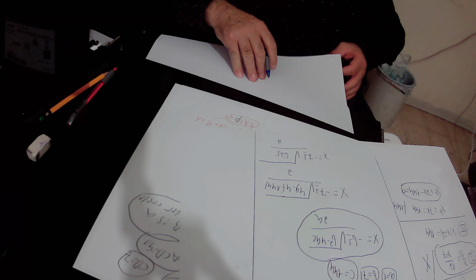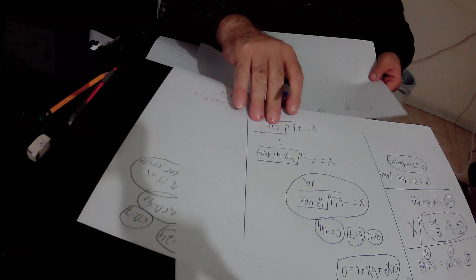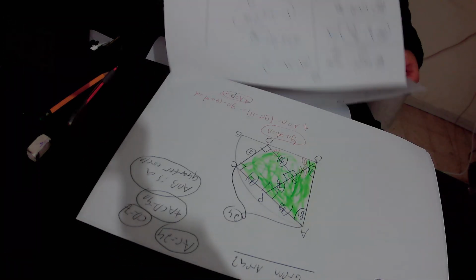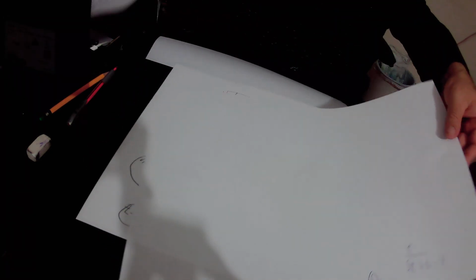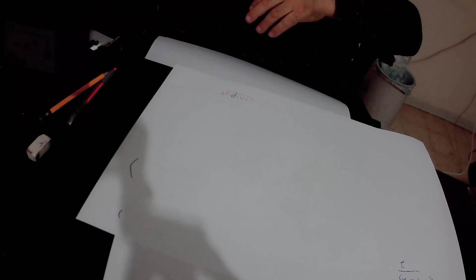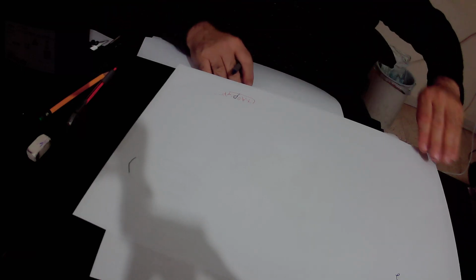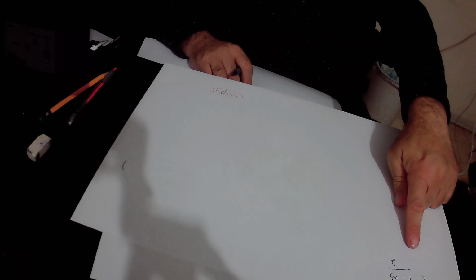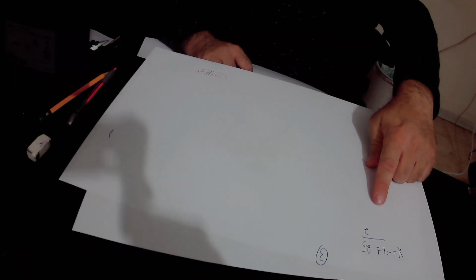Repeating again to confirm, we found that x equals minus 7 plus minus 25 over 2.